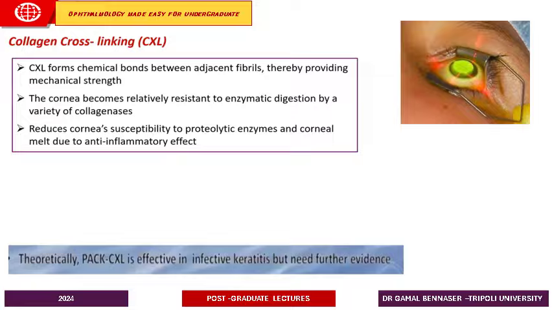Once you are sure that this is a case of fungal or bacterial keratitis, you can immediately start your cross-linking. And one of the drawbacks in the management of infectious keratitis is the cost. The cost of the management is high because your patients keep visiting you for a long period, up to 6 to 8 months.